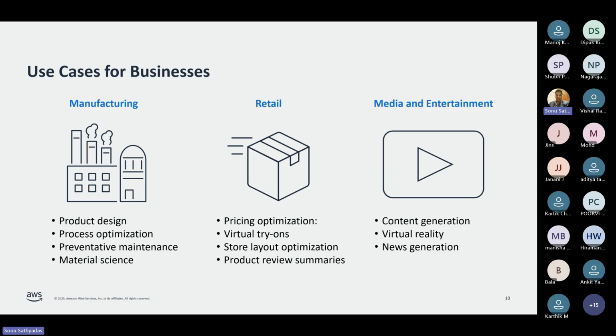We can also use this in the manufacturing industry for designing products, process optimization, preventive maintenance, and material science. For retail, we are using it for pricing optimization, virtual try-ons, store layout optimization, product review summaries, and more.